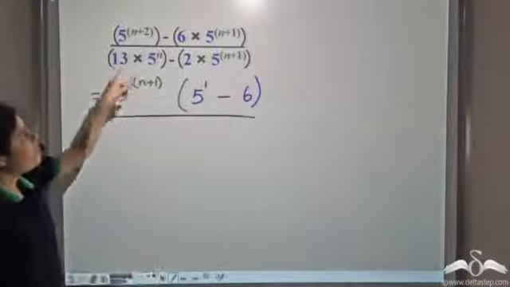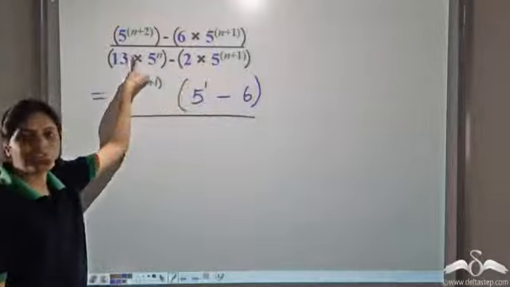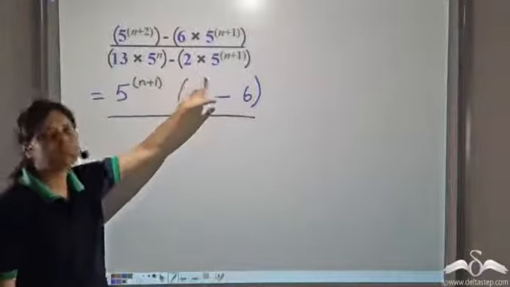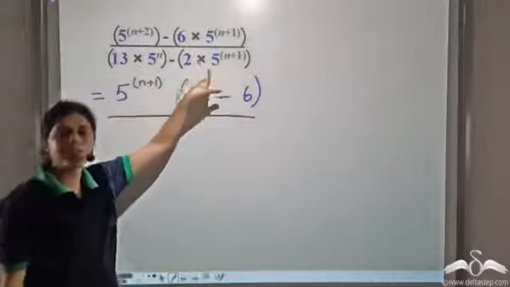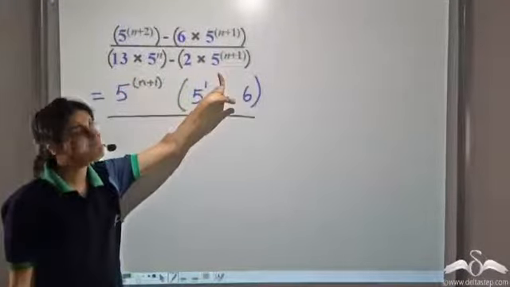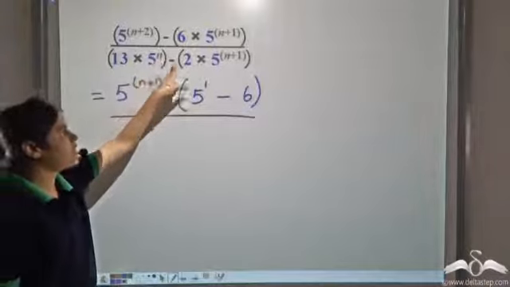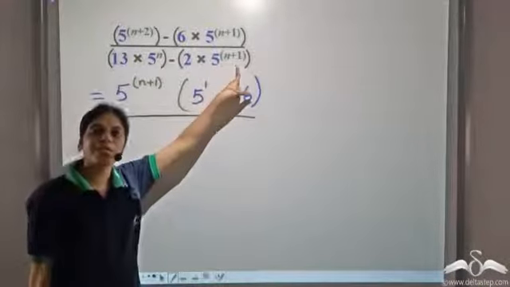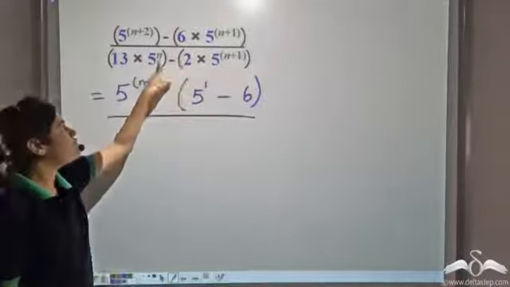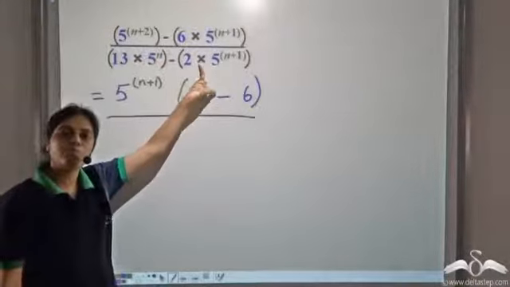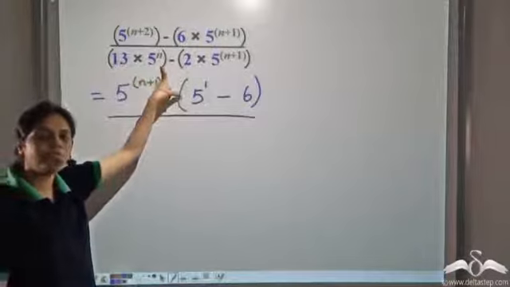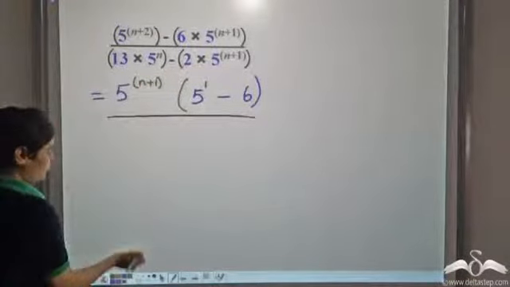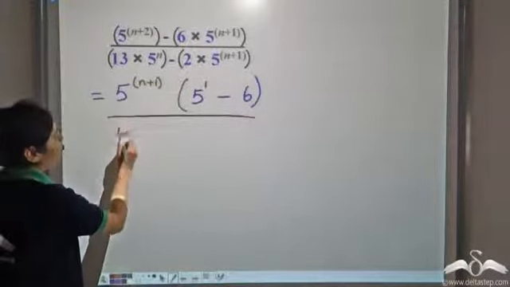Now again, what is the highest power which we can take common from both the terms? We have 13 here, but we do not have any 13 or any of its multiple here. We have 5 to the power n here. We have 5 to the power n plus 1 here. So 5 to the power n is common to both. We have 2 here. We do not have any multiple of 2. So we take 5 to the power n common.